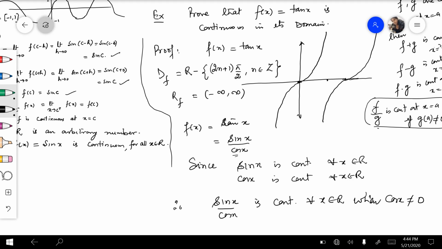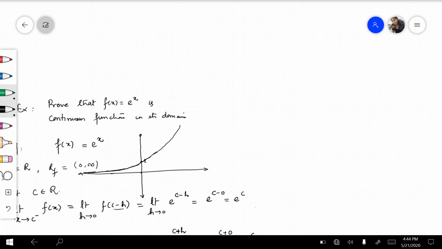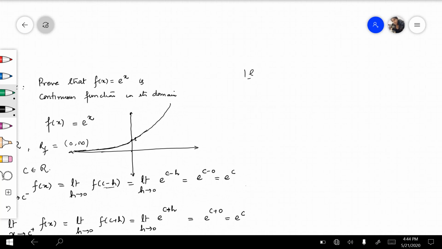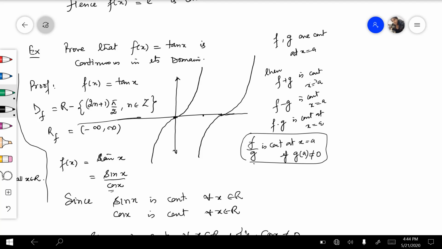So this quotient is continuous, that is, sin of x upon cos of x is continuous for every x belongs to real numbers except odd multiples of 90. So this is nothing but the domain of tangent function, which we have already defined.